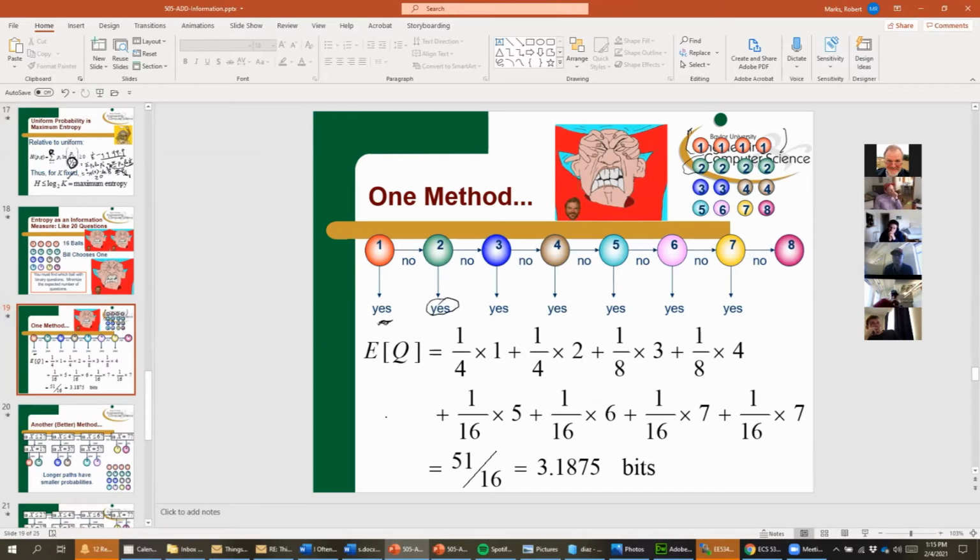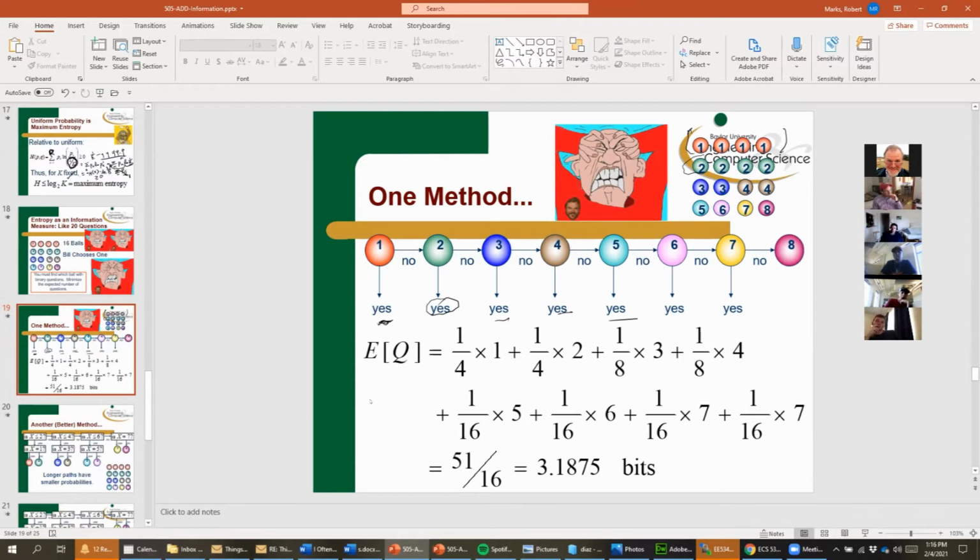It costs you 2 questions to get the answer, but you got it right in 2 answers. And so you begin to work down the chain as you get into smaller and smaller probabilities. You ask, is it number 3? Is it number 4? Is it number 5, etc., all the way down here. Now to get to the 8, it's going to cost you like seven questions, 7 yes or no questions.